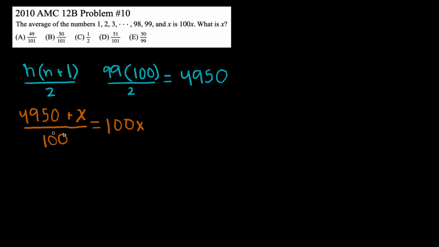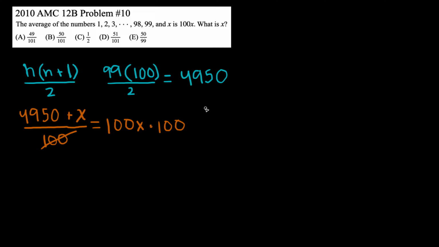We have an equation with one variable, so it looks like we should be able to solve this. We'll multiply by 100 on both sides, so that the 100 cancels with this one. But we also have to multiply this side by 100.